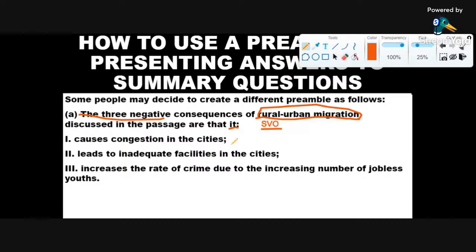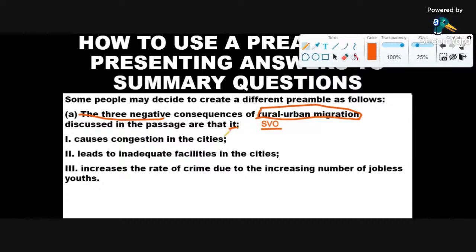And one thing you should observe when you use this kind of preamble is that you end each answer, which is incomplete, by the way, with a semicolon. All right? Because you are talking of 3 negative consequences, and each answer is tied directly to the preamble.